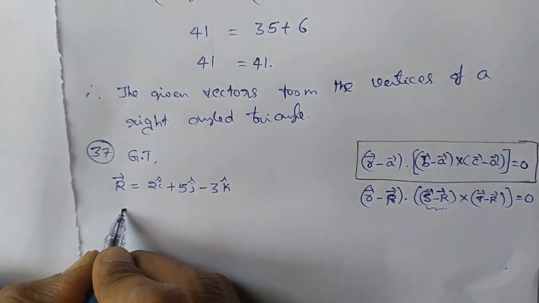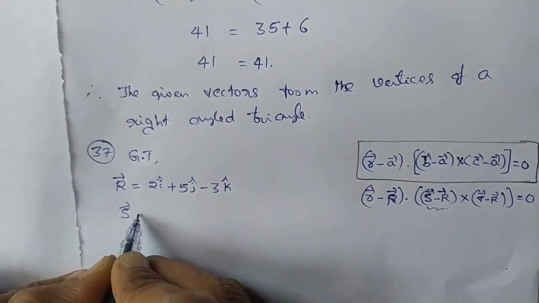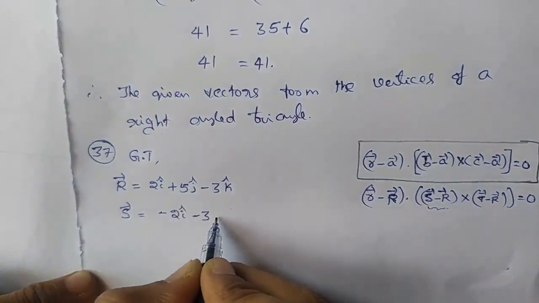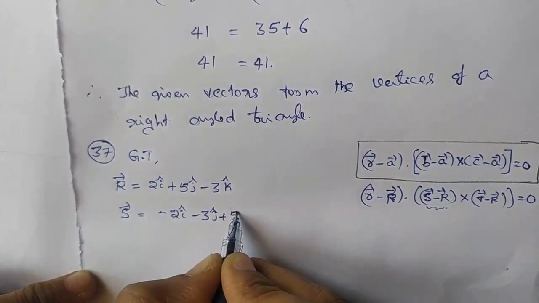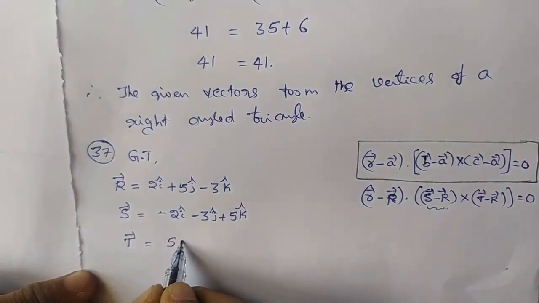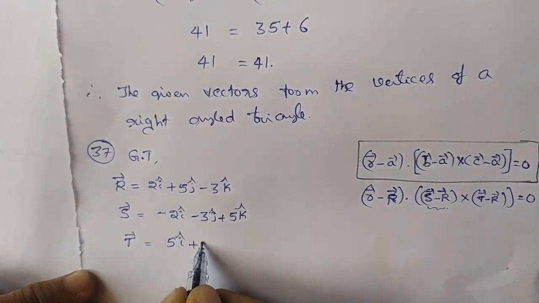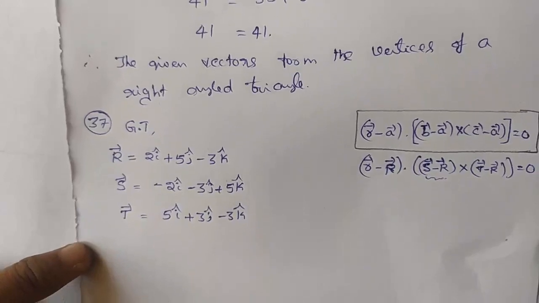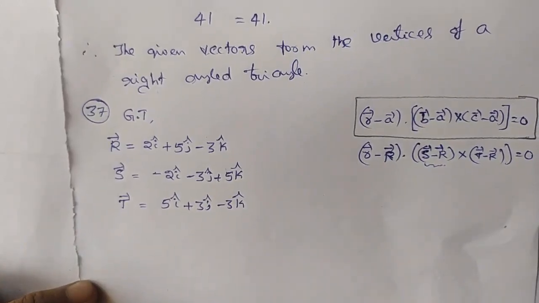Next, S vector is minus 2i minus 3j plus 5k. Next, T vector is 5i plus 3j minus 3k. I am writing the given points in the form of vectors.